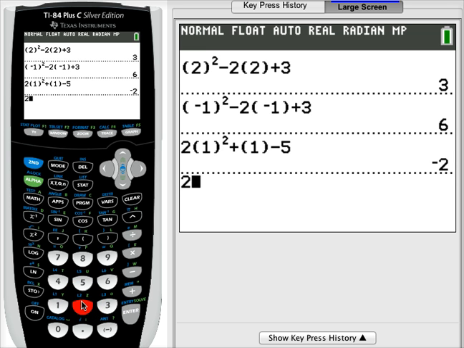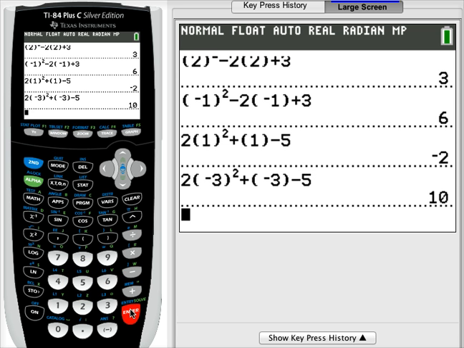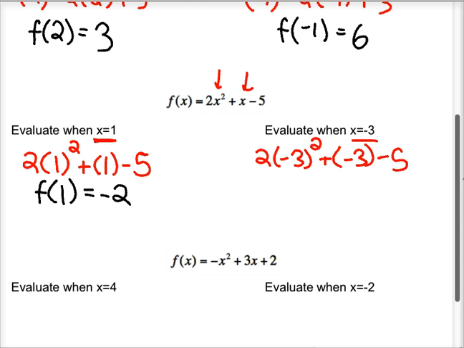So 2 times this time -3 squared plus -3 minus 5. Tap that in as is, and you will get 10 as your answer. So when I plug in -3, I'm getting 10.